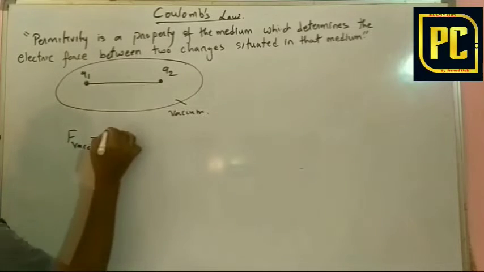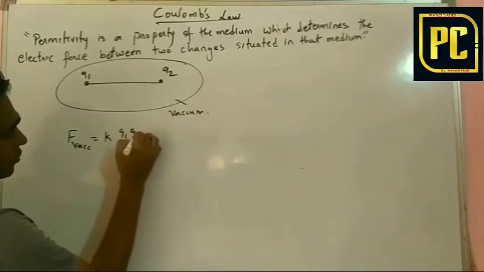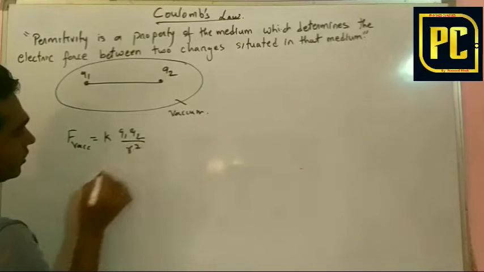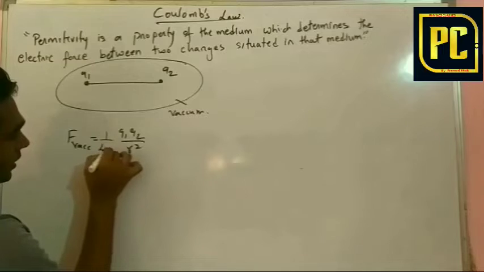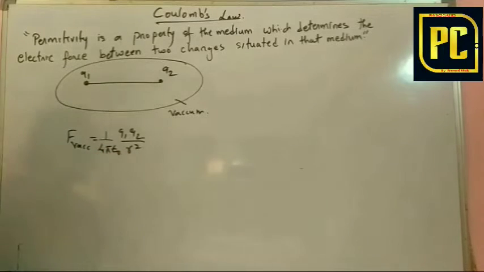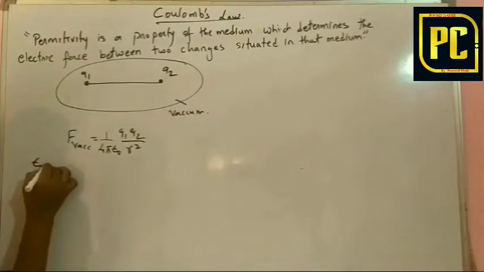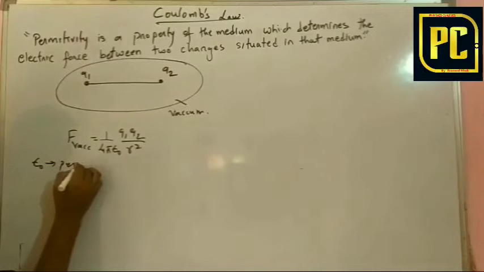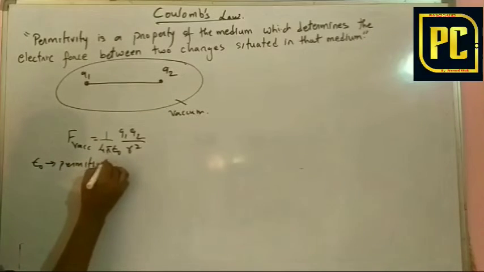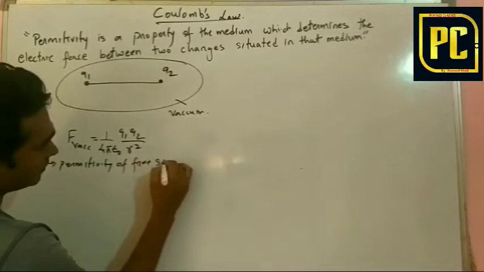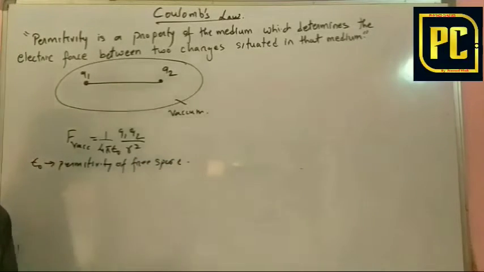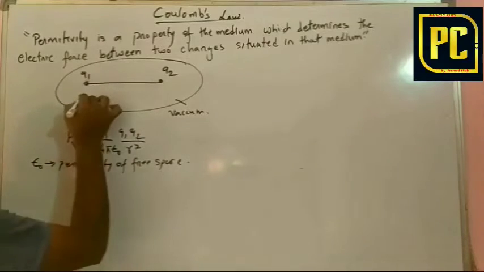In vacuum we have the force K Q1 Q2 by R square, or simply 1 by 4 pi epsilon naught Q1 Q2 by R square. Here epsilon naught is the permittivity of free space.